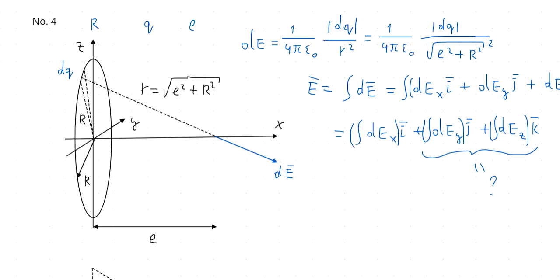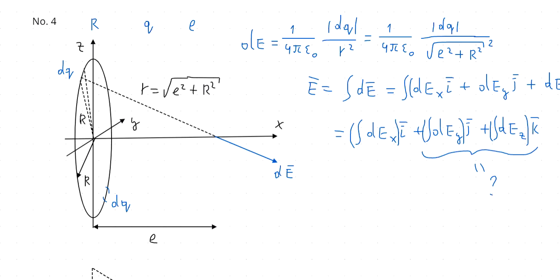According to the symmetry, we have charge dq here, but we will have the same charge on the other side of the ring.